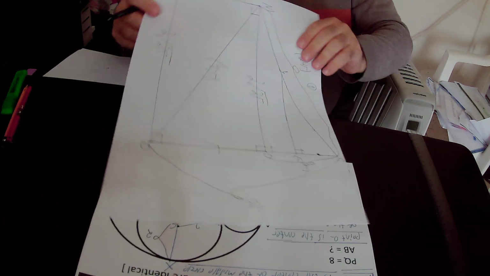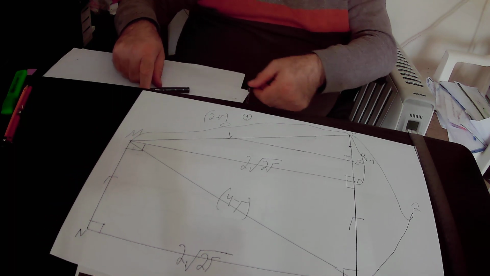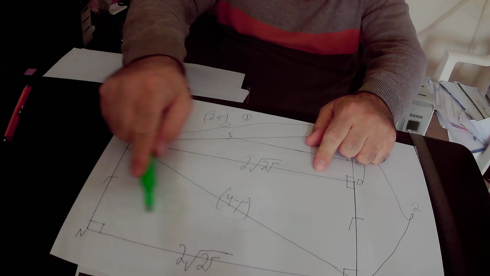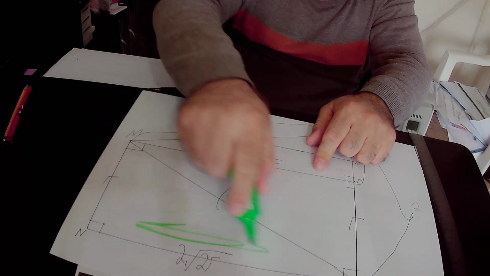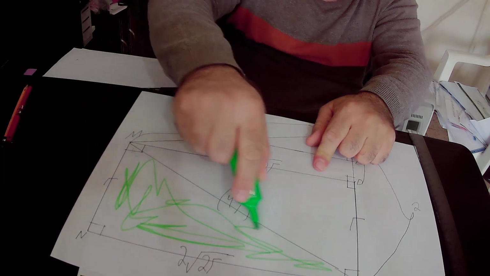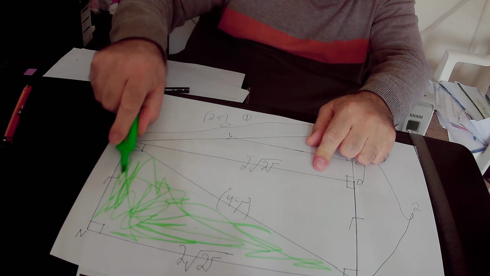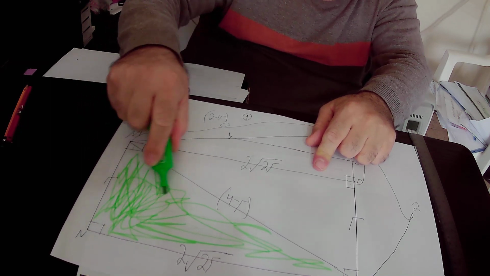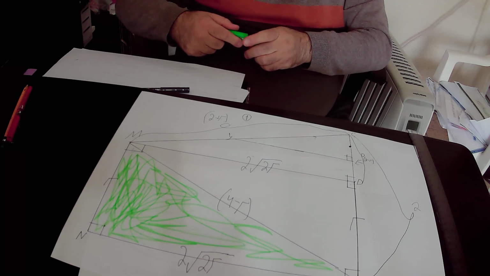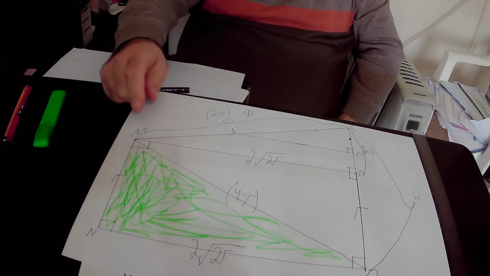So here we will focus on the right triangle, triangle MNO, the green right triangle, triangle MNO, and we will implement the Pythagoras theorem in the right green triangle, triangle MNO.